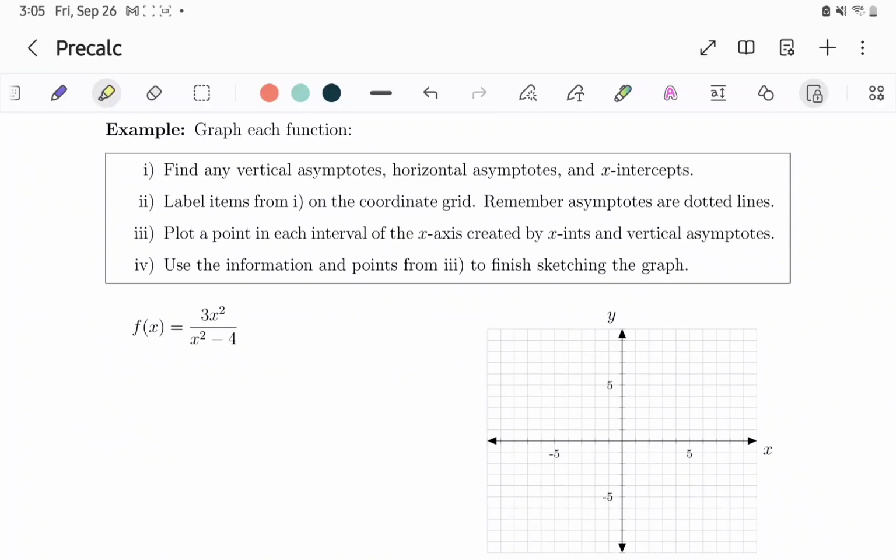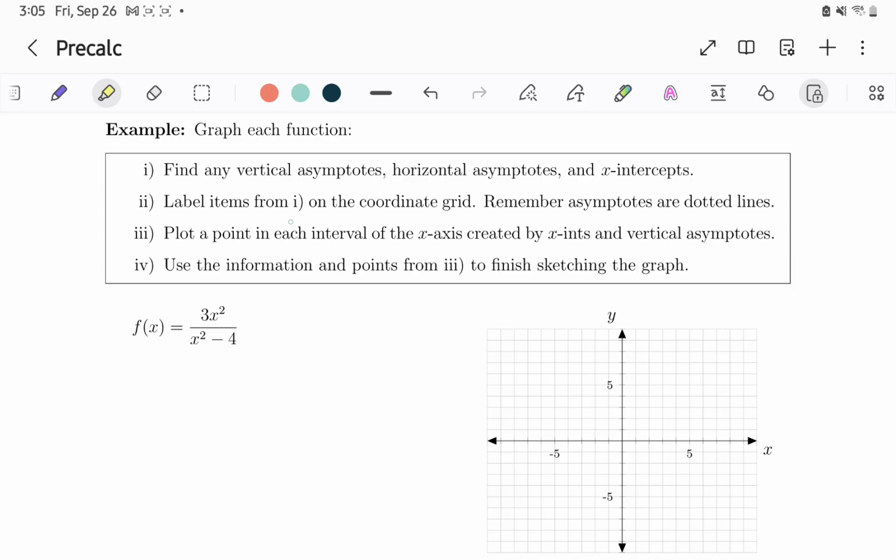All right. In the next example, we are going to be given an equation for a rational function, and we are going to try to use that equation to graph it. So to graph a rational function, we want to find any vertical asymptotes and horizontal asymptotes, as well as any x-intercepts, because that'll give us at least points that the graph will pass through.